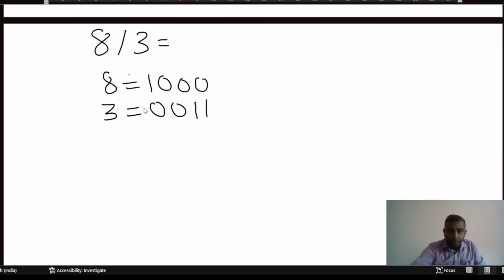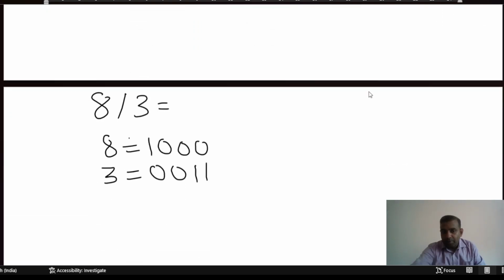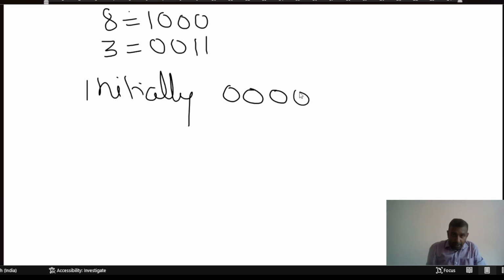Now to perform this, you can see in this solution there are 4 cycles. We will discuss how to perform the first cycle for performing division in the restoring method. For the first cycle, initially we take 5 zeros in binary.